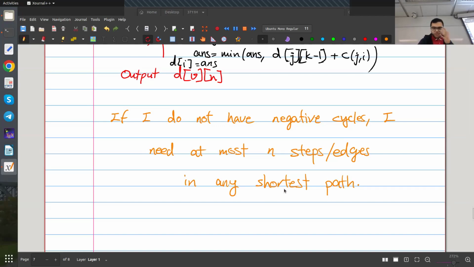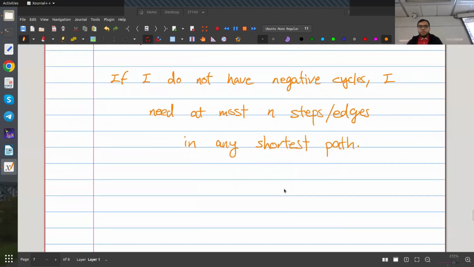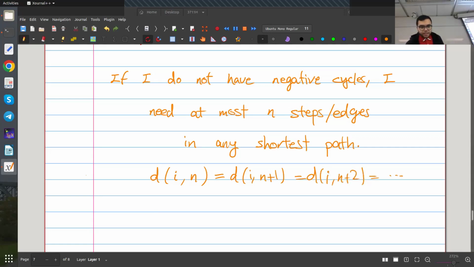So it's shortest in the sense of cost. If this is the case, it means that the distance to every vertex i with n steps is exactly the distance to vertex i, which means that if I have n plus 1 steps, I'm not going to get a smaller distance. If I have n plus 2 steps, I'm not going to get a smaller distance, and so on. So d of i, n will be equal to d of i, n plus 1, d of i, n plus 2, and so on, for every vertex i, if I don't have a negative cycle. I use this to say that my algorithm is correct.